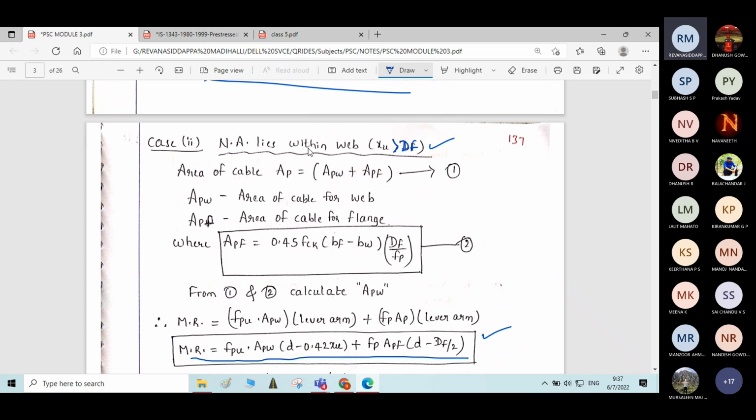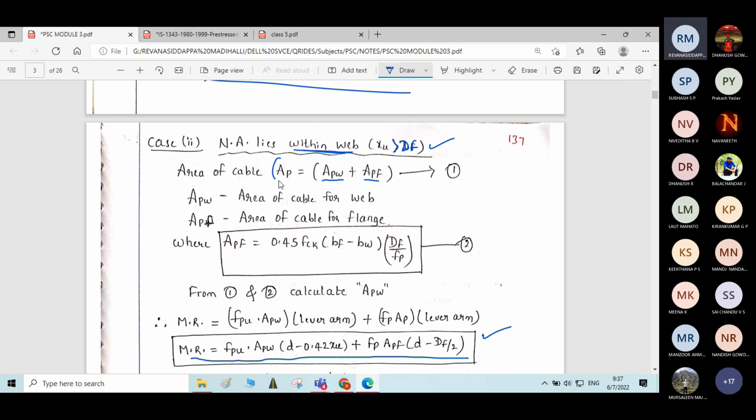When the depth of neutral axis lies in the web, then the total area of pre-stressing steel is divided into area of pre-stressing steel required for web and area of pre-stressing steel required for the flange portion.